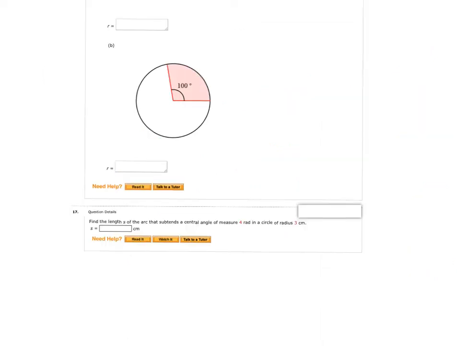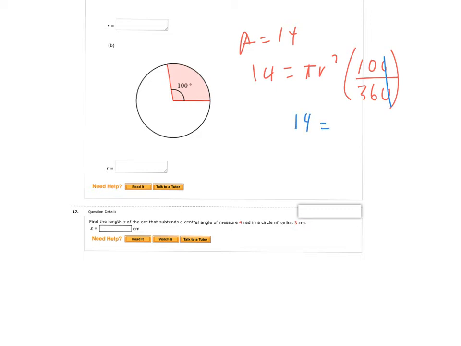So again here on the second part, they're telling me that the area is 14. And so I'm going to set 14 equal to pi r squared, and this time the fraction of the circle that I'm looking at is 100 over 360. I'm going to right away reduce that, and then I can reduce it by another 2 here. So I'm going to say pi r squared times 5 over 18.